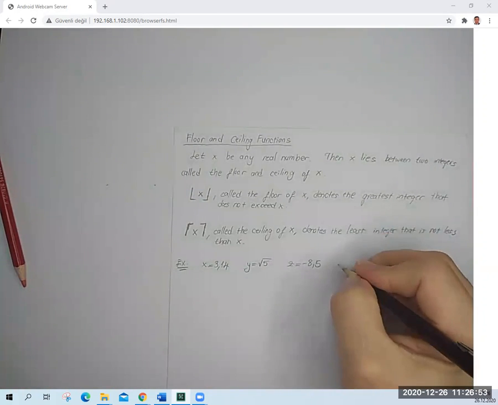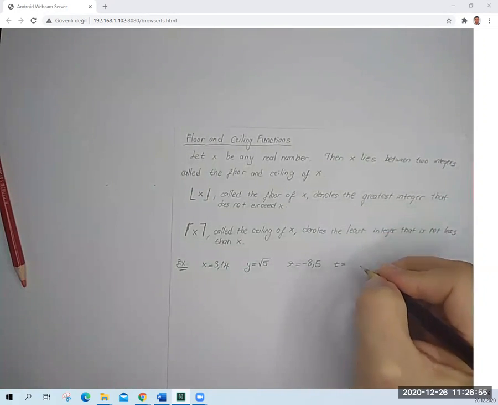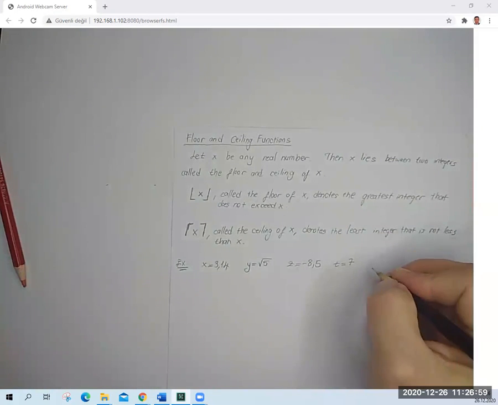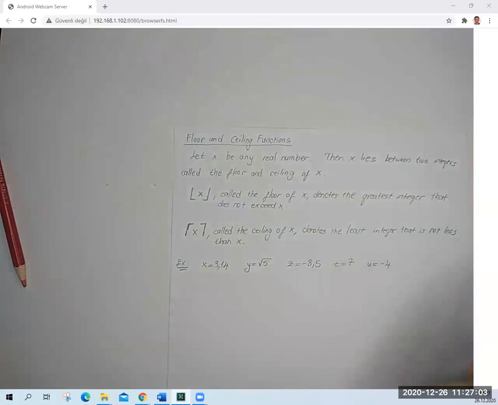There is t, let's say t as 7, and u is equal to minus 4, and that's it. And s is like minus 4.1.